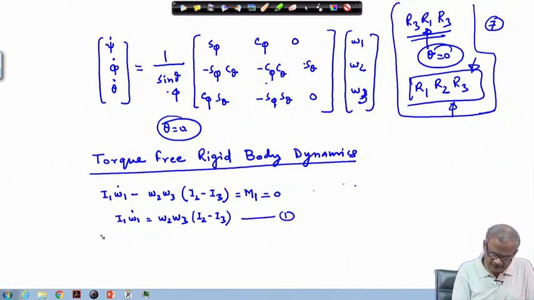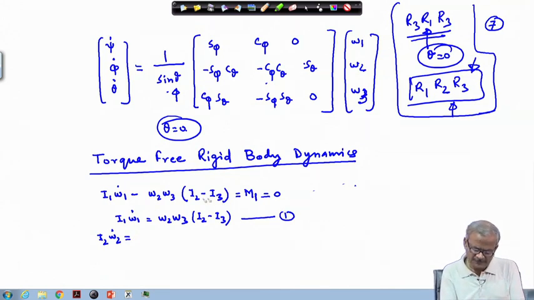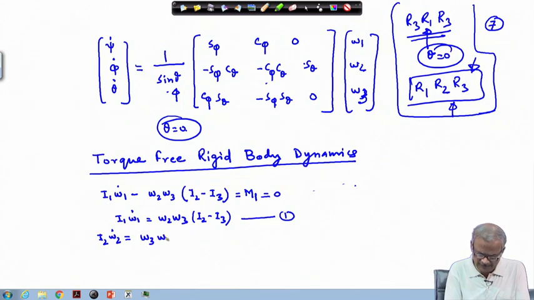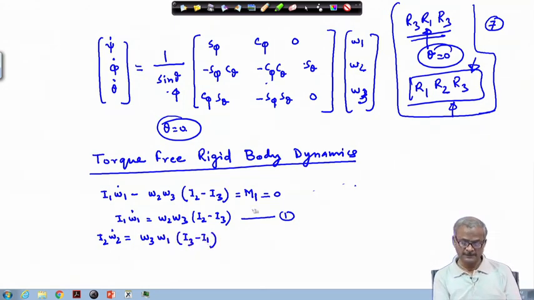Similarly, you will have I2 times omega 2 dot, if the torque is 0, so only this term will appear there, and in the circular way we are writing omega 3 omega 1 (I3 minus I1), and M2 equal to 0.